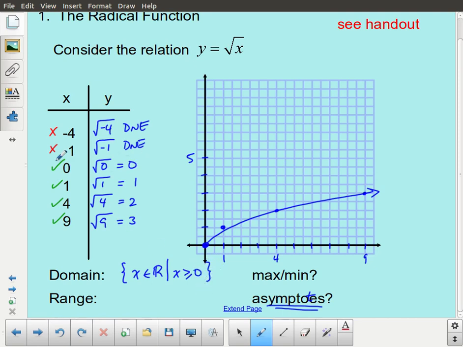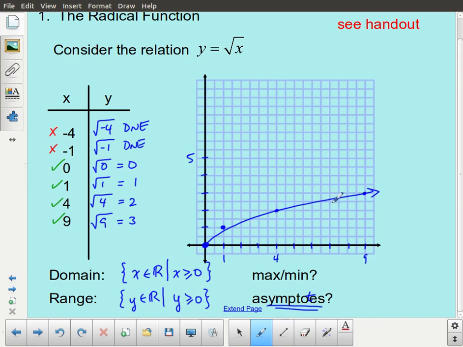They can be equal to 0. The square root of 0 is valid. Now what about the range? Those are y values, which are also real numbers, such that they have to be positive, same way that x had to be positive. So that's going to be y greater than or equal to 0.